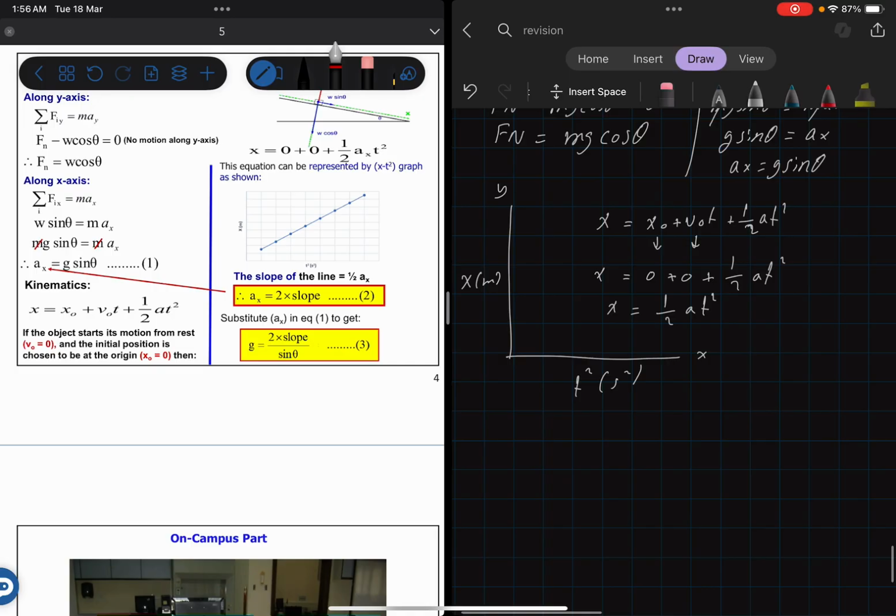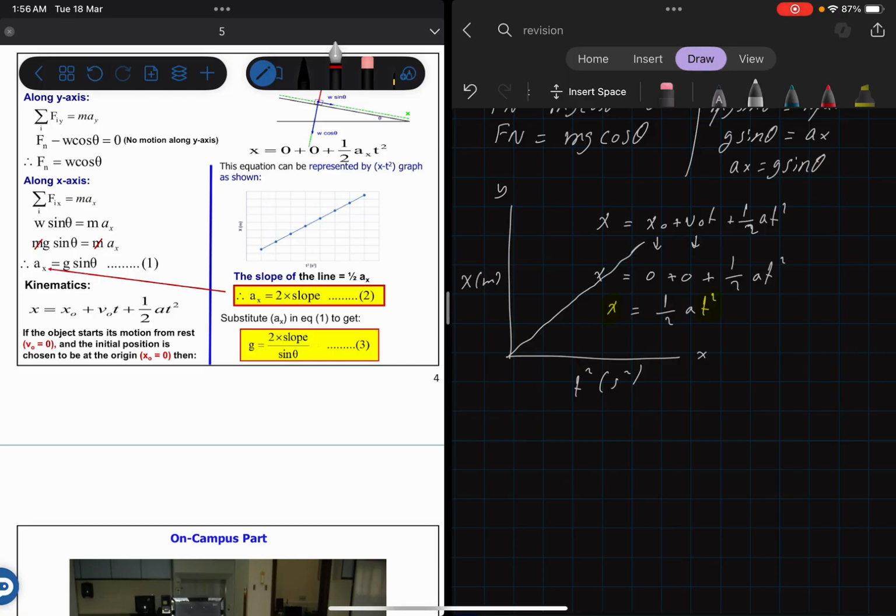We will notice that in this graph we have x and t squared. I forgot to draw the line for this graph.